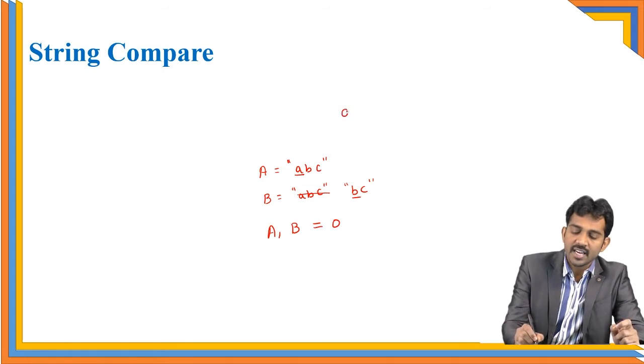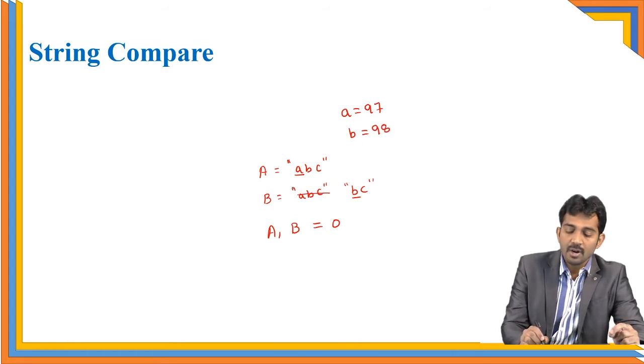Small a ASCII value is 97. What is the small b ASCII value? 98. Compare of A comma B means you just subtract these two. So what are you getting? Minus 1. It is going to return minus 1. Minus 1 means B string is larger.